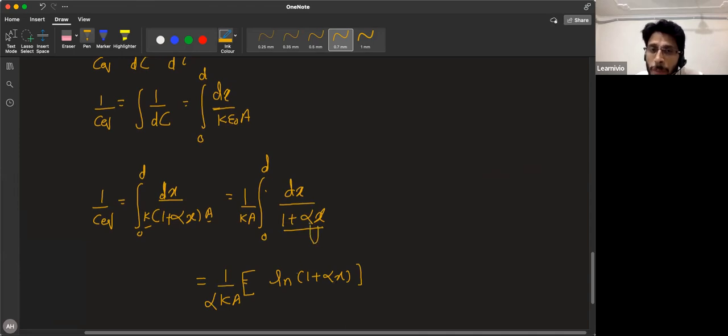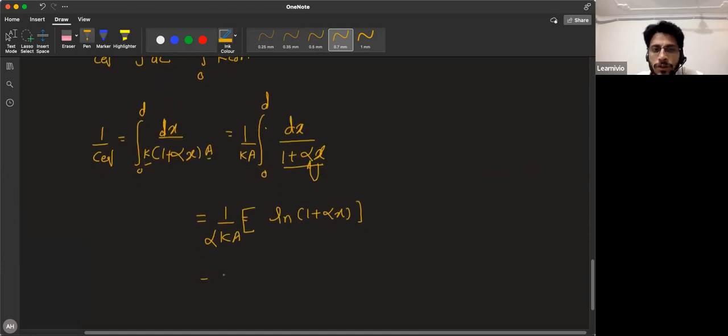The term which is multiplied with x, which is alpha, you take outside. The limit is from 0 to D. So it's 1 by alpha K epsilon naught A. Now let's substitute the limits. Put D instead of x: log of 1 plus alpha D, minus log of 1 plus alpha into 0.